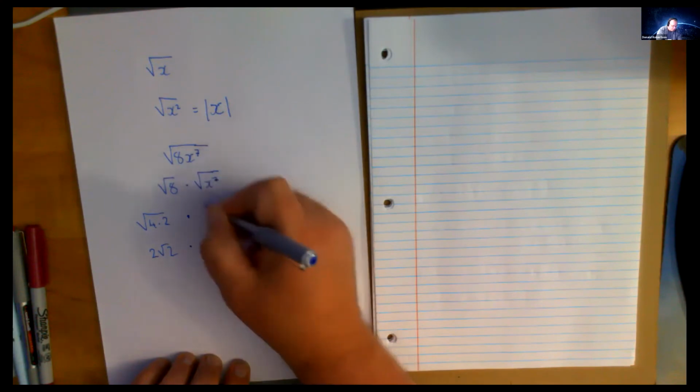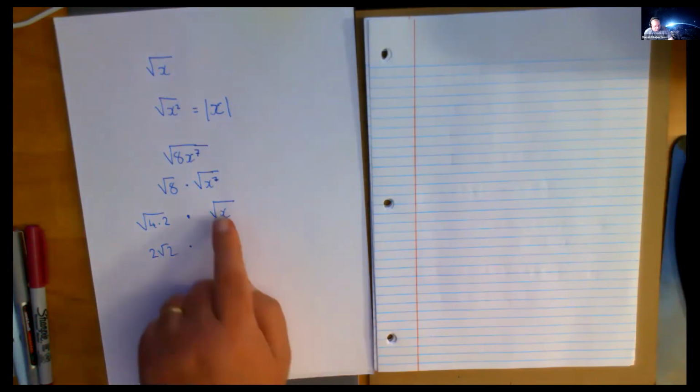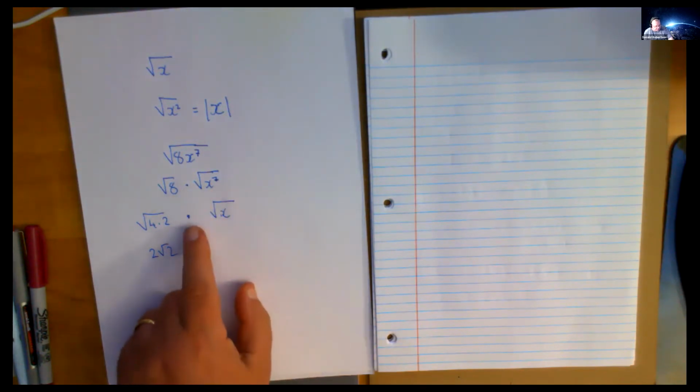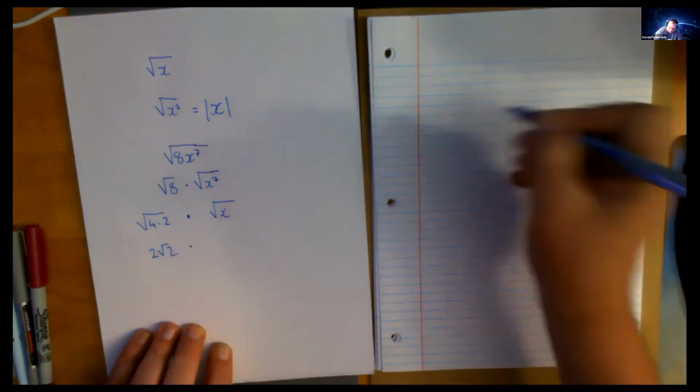Can anyone tell us what the square root of x to the 7 gets us? That's part of the answer. X to the 7 splits. I'll do over here.